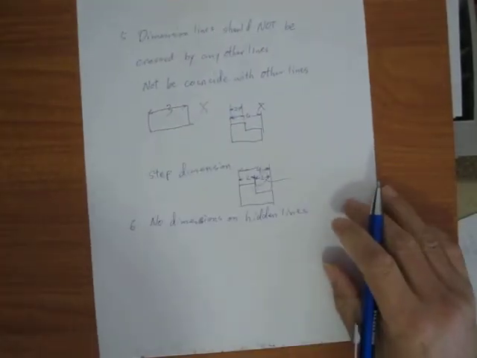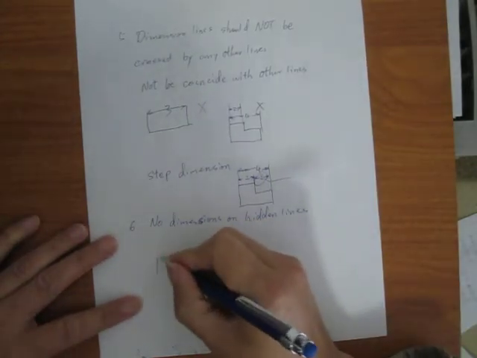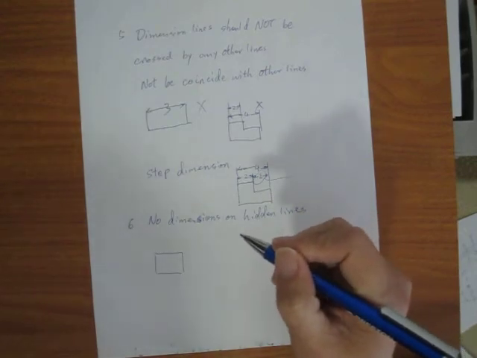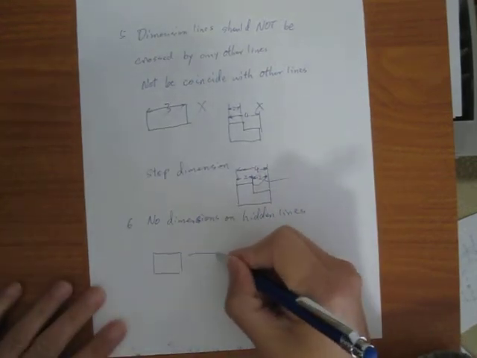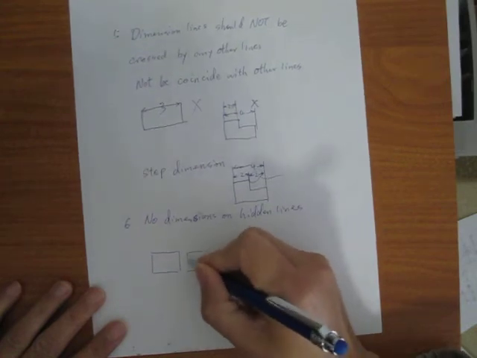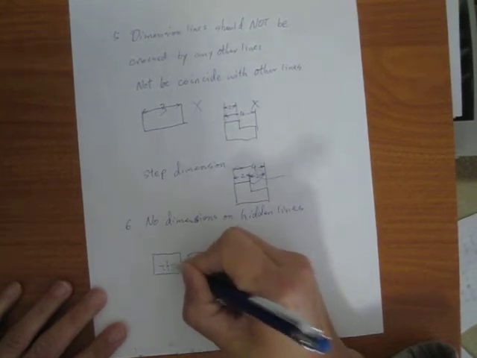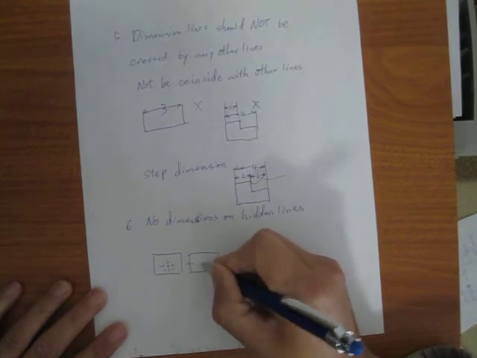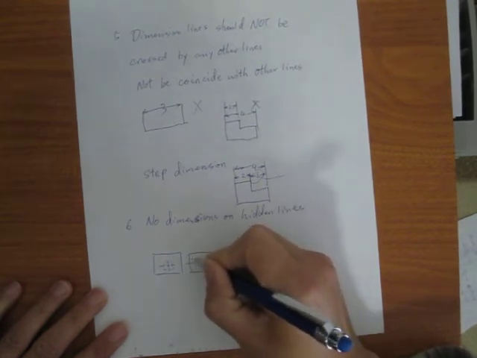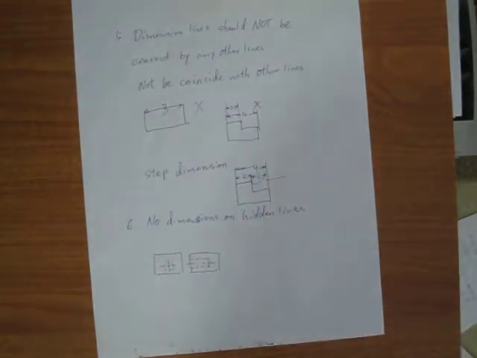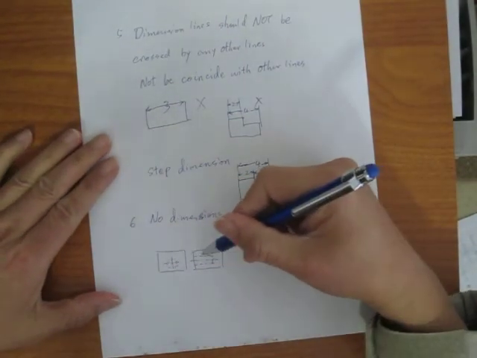Let's say you have a drawing like this, and there's a hole like that over there. If it's a drawing like this, and those are all hidden lines, how do you dimension the hole here?